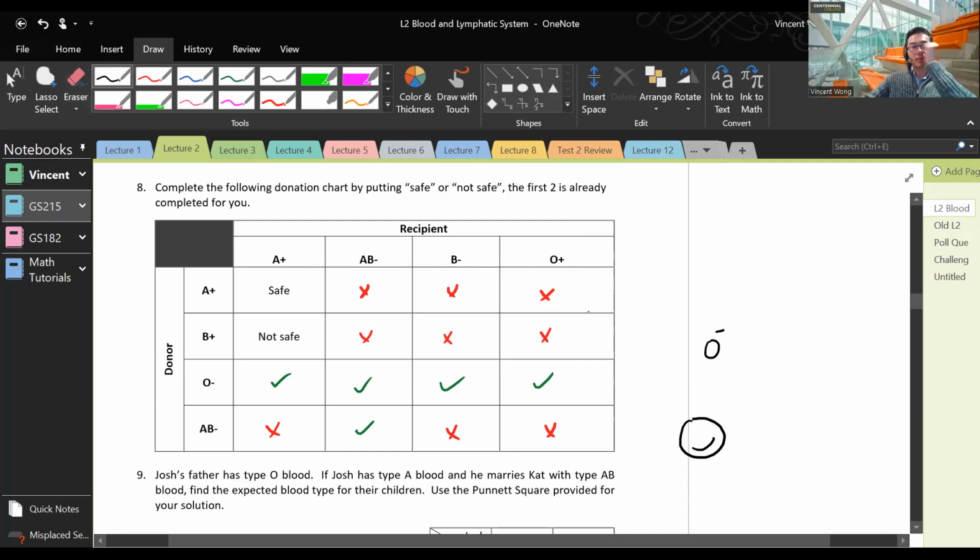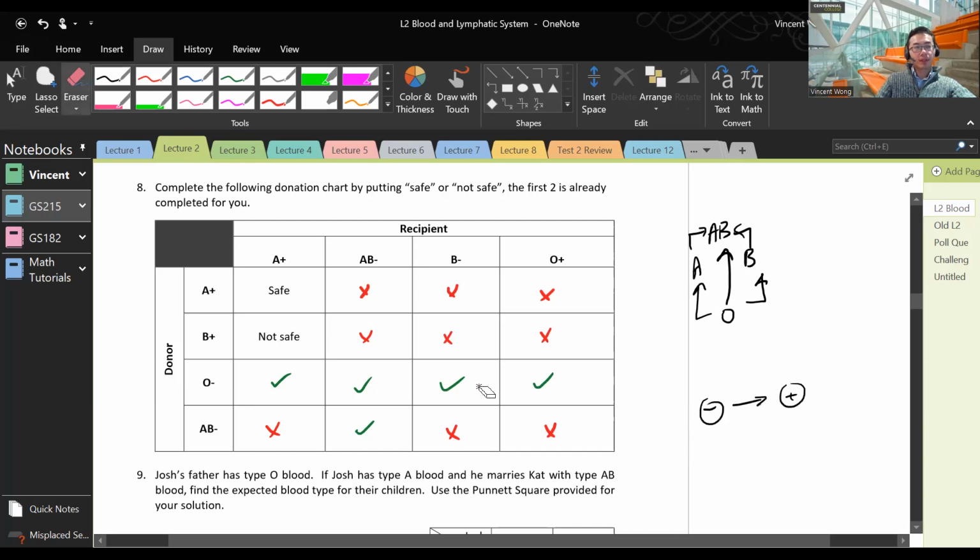That's why it is going to be compatible for all of them. That's the explanation. But in terms of doing the questions, you can look at the chart, right? You can see O can be given to all the other blood types and negative can be given to positive, right? So that's why O negative can be safely transfused into all these people. Does that answer your question?